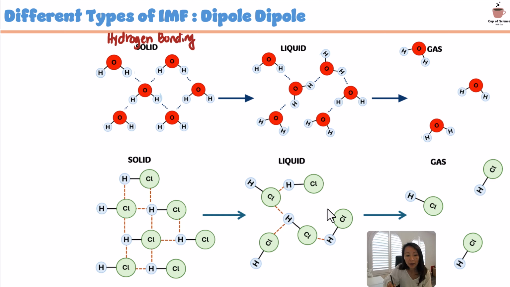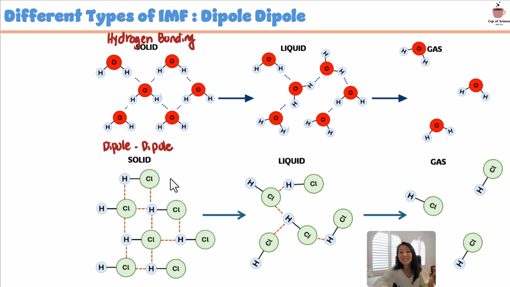And then the bottom one interacts via dipole-dipole. If you look at all of these three, from solid to liquid to gas, there is a breakage of the intermolecular forces. In the top one, you're breaking hydrogen bonding. In the bottom one, you're breaking dipole-dipole.